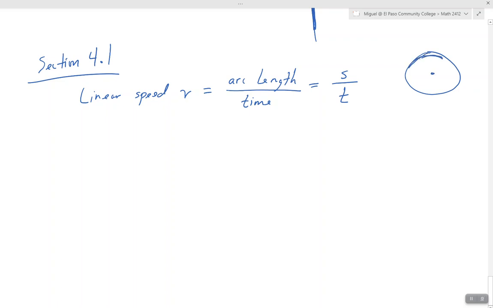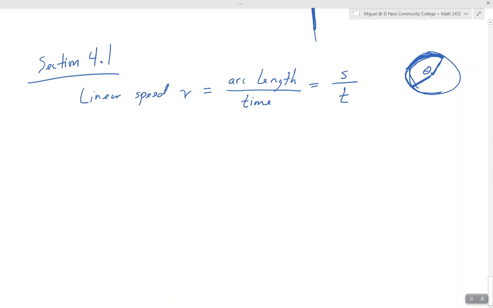So this is the arc length, right? So it might be traveling on this piece or maybe a larger piece or something like that. If theta is the angle corresponding to the arc length, in other words, if we're talking about this arc, then they're talking about this angle theta for that arc length.